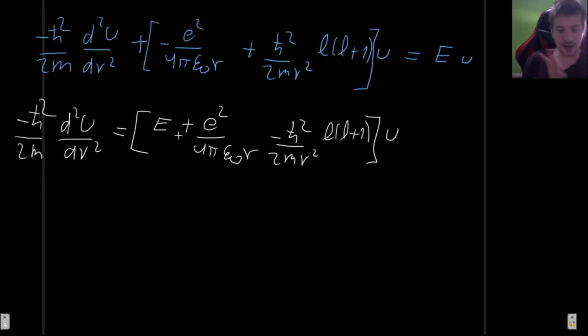Okay, looking a little bit better. Now we can see that this minus h bar squared divided by 2m is showing up in several places, and it might look familiar to you because we have used substitutions like that before. In fact, what we have usually been using has been this k squared, which was 2mE divided by h bar squared. That's what we have been using constantly.